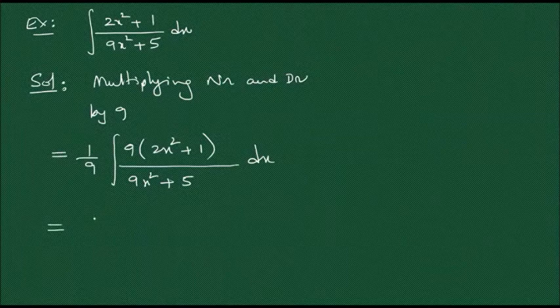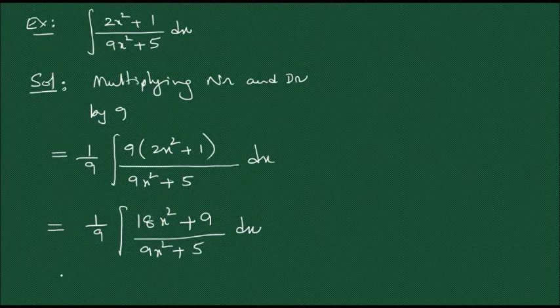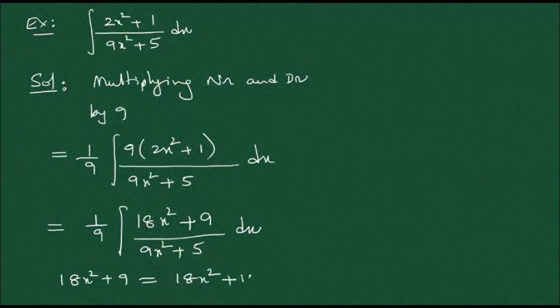Now 1 by 9 of this is 18x square plus 9 by 9x square plus 5 dx. 18x square plus 9 is equal to 18x square plus 10 minus 1. Am I clear?